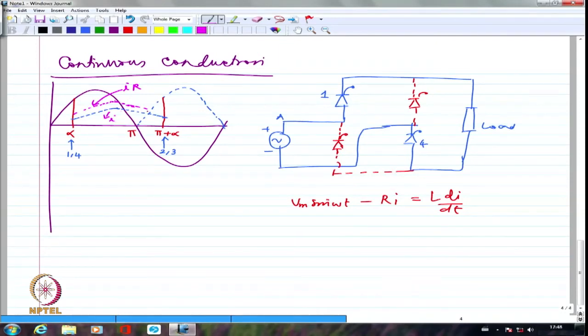Now, when the current starts declining, if I show this as separate inductance and separate resistance, I'm going to have very clearly plus here and minus here. So the inductance stored energy is going to aid whatever is the supply voltage as long as it is still in positive half cycle, because in positive half cycle I'm going to have plus here and minus here.